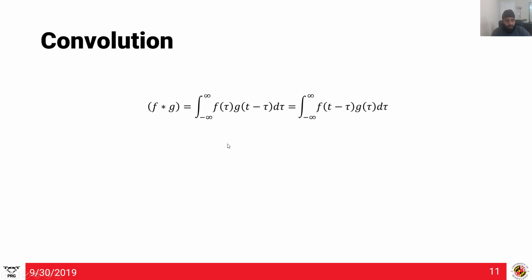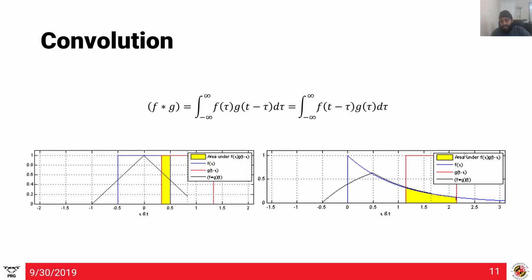This equation is related to the commutativity of convolution: you can replace tau with t minus tau in g and put it into f and vice versa, right? So let's try to visualize the convolution in one dimension. The following figure depicts the convolution, in black, of the two functions denoted by blue and red.